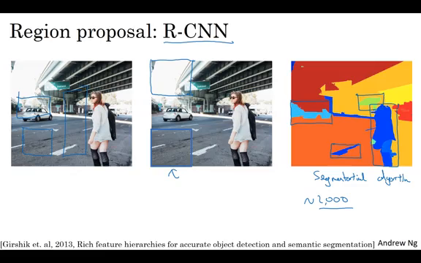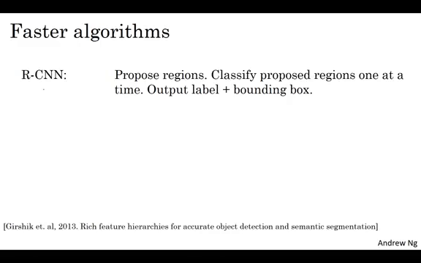Now, it turns out the R-CNN algorithm is still quite slow. So there's been a line of work to explore how to speed up this algorithm. So the basic R-CNN algorithm would propose regions using some algorithm and then classify the proposed regions one at a time. And for each of the regions, it will output the label. So is there a car? Is there a pedestrian? Is there a motorcycle there?